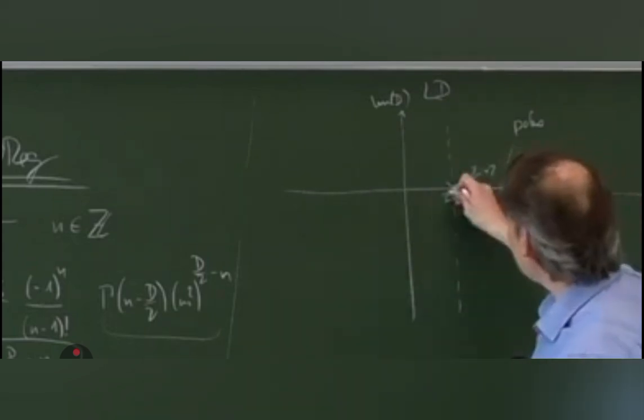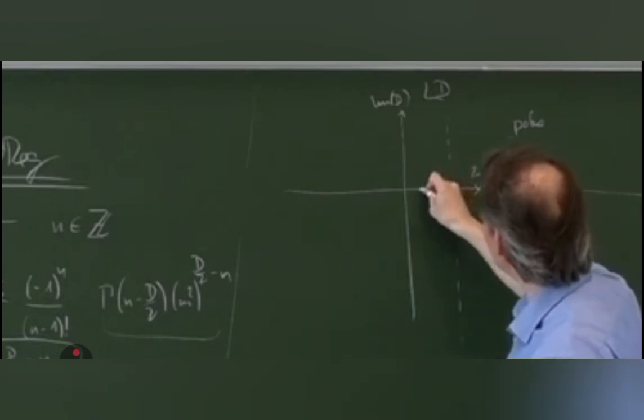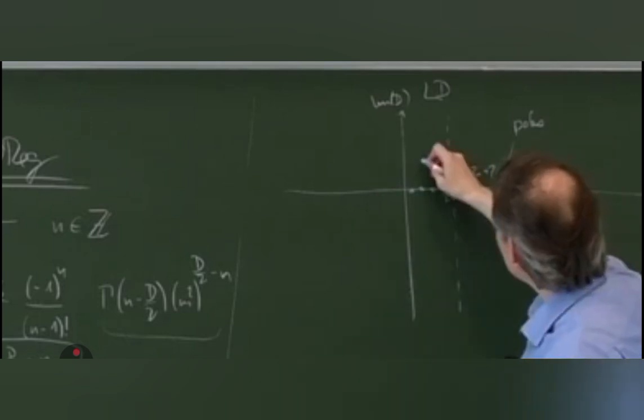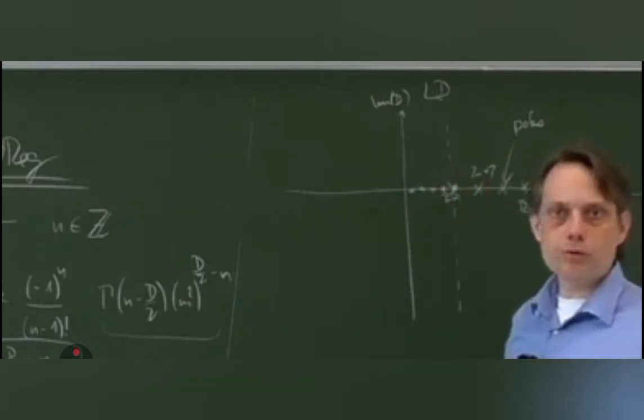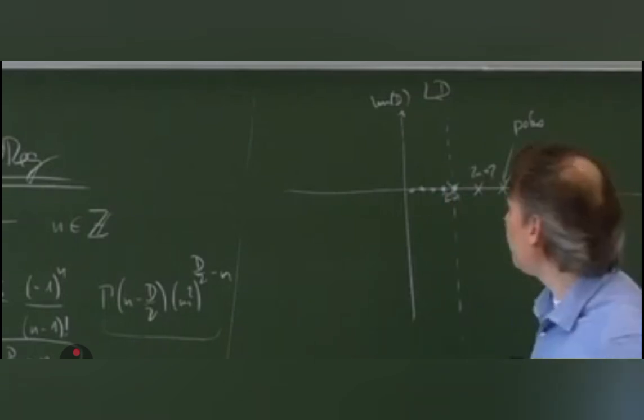And if then we take an integer dimension, so here integer dimensions, integer but also positive, then these are integer dimensions where the integral converges and agrees with the ordinary integer dimensional integral.